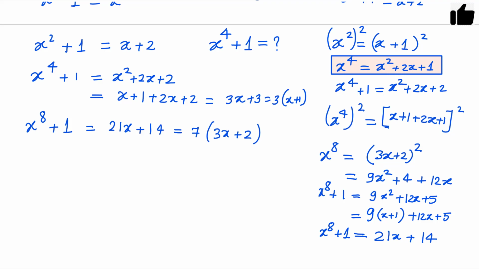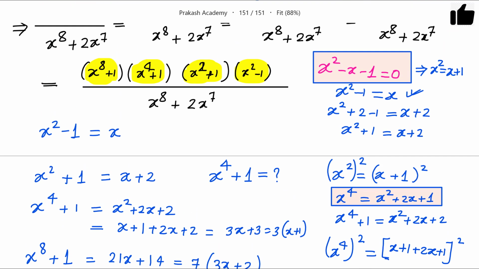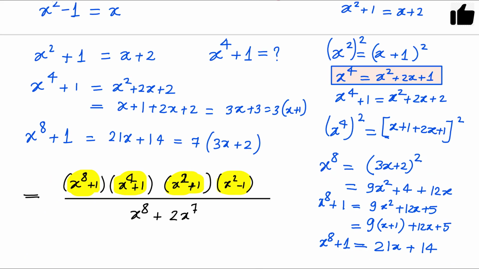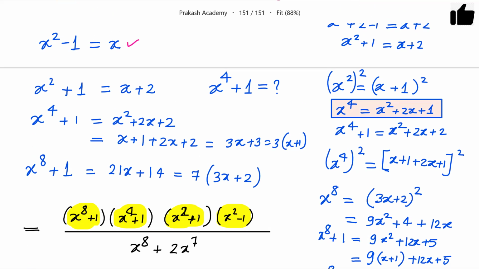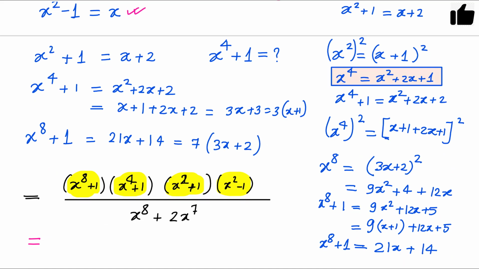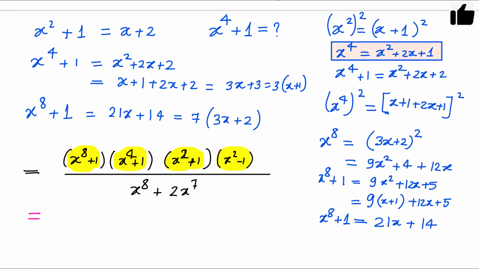Now let us plug everything into the original equation. So this was my original equation. I have pasted the original equation here, and then I can plug in all the values. So the first value is x square minus 1. This is equal to x. So let us plug this value first. This value is equal to x.